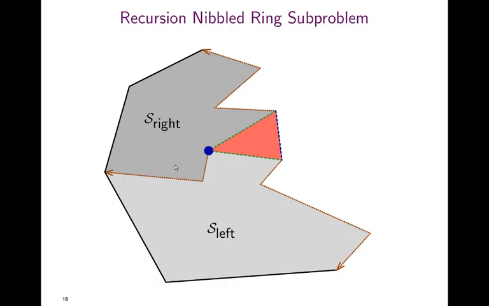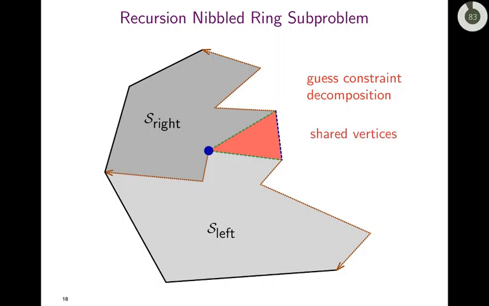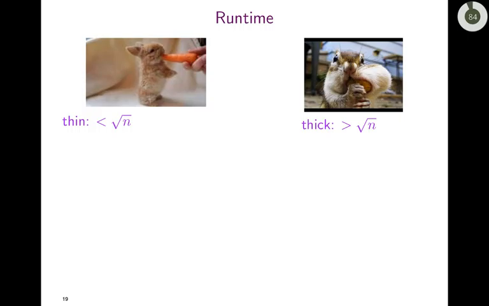But even more, we also have to guess our constraint decomposition. So we have layer constraints, and we have to say how many vertices are on that layer. This is easy because we know exactly that only these vertices are shared, and there are also some problems with this inner layer, which might be split up. But I will not go into that here.